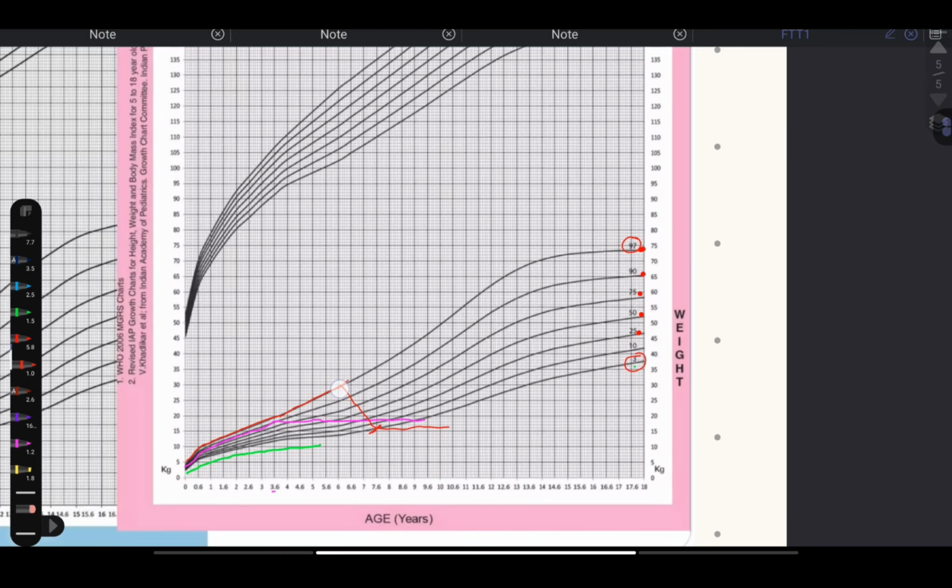This is the 97th curve, this is the third centile curve, so it has definitely crossed more than two major centiles, so we will call it failure to thrive. Right? I hope you have understood this point.